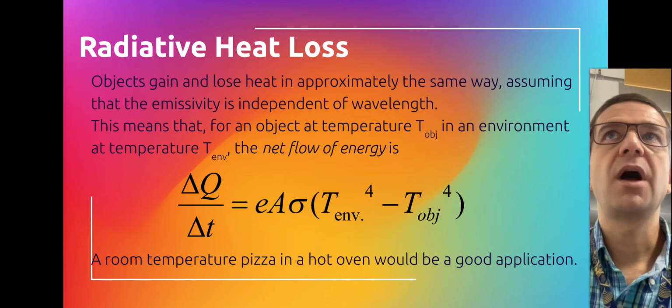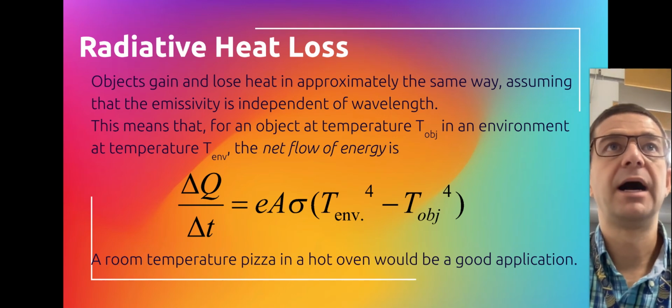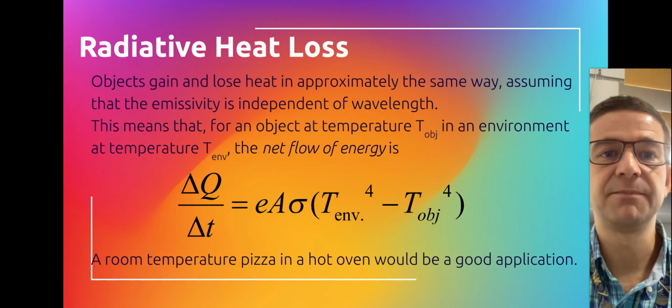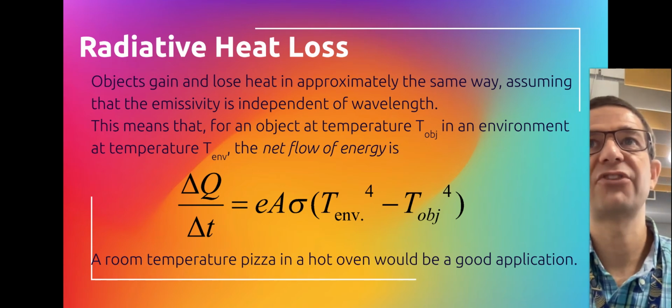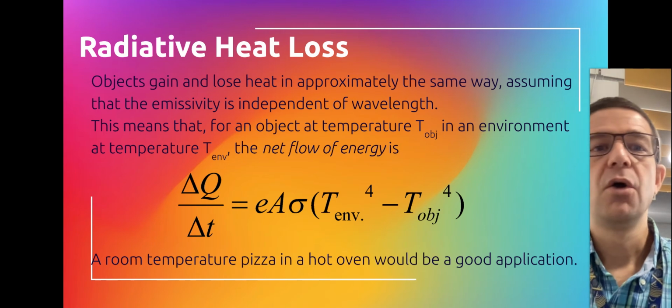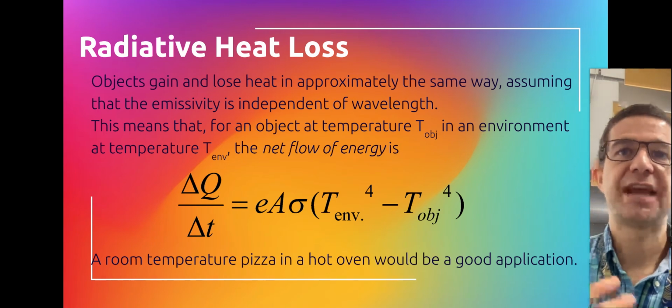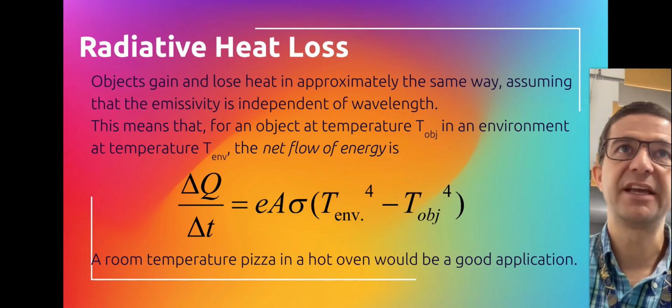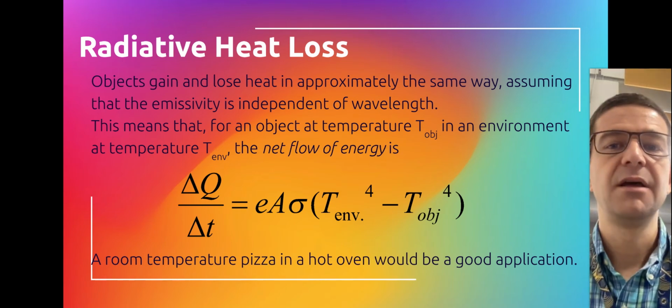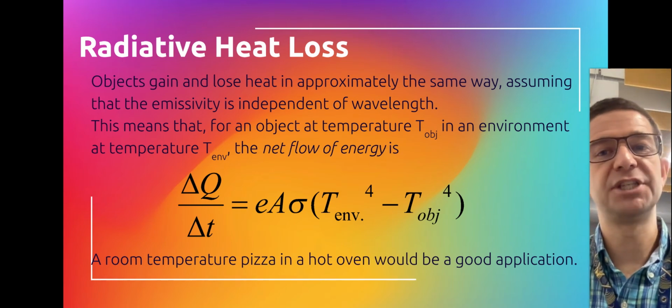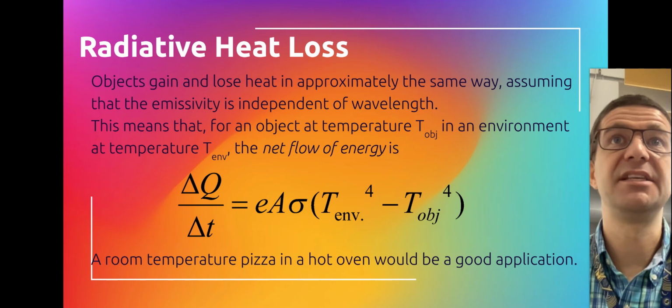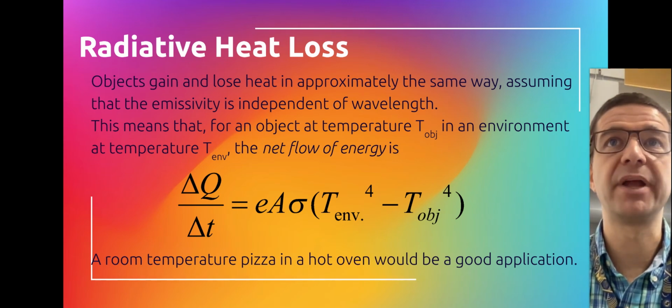When we try to apply the radiation expression to the loss of heat from an object, we need to think about not just how much energy is leaving the surface of our object, but we also have to think about how energy is entering it, because this can be a dynamic equilibrium.